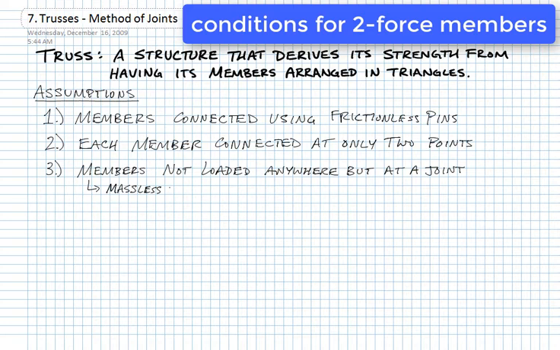and basically what that means is that even self-weight would be included as far as being loaded anywhere but in the joint. And then finally, the last assumption that we are going to make here is that the members do not significantly change in length.